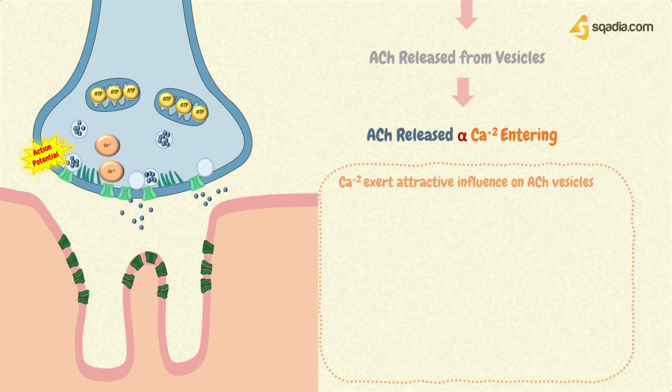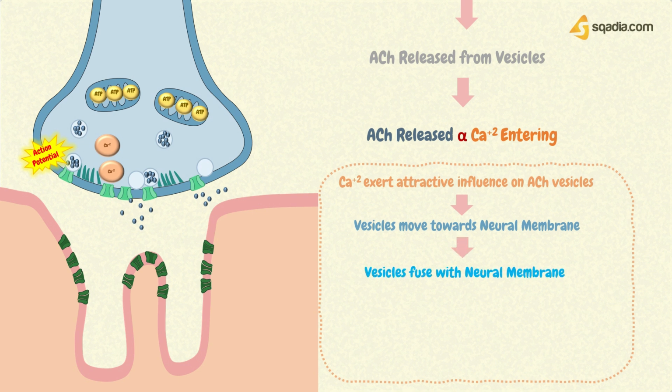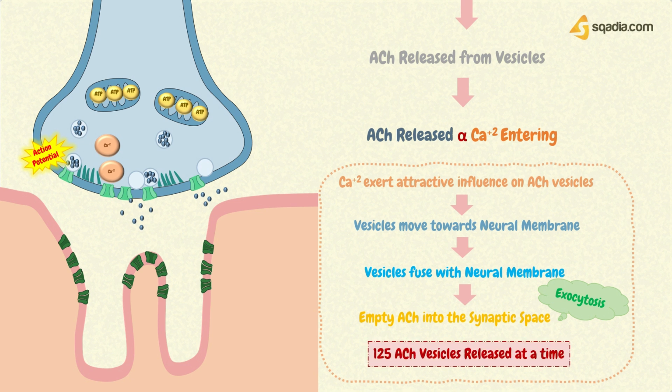Calcium ions exert an attractive force, so the vesicles are drawn towards the surface of the neural membrane. These vesicles then fuse with the neural membrane and empty their acetylcholine into the synaptic space by the process of exocytosis. 125 acetylcholine vesicles are released from the terminal at a time.